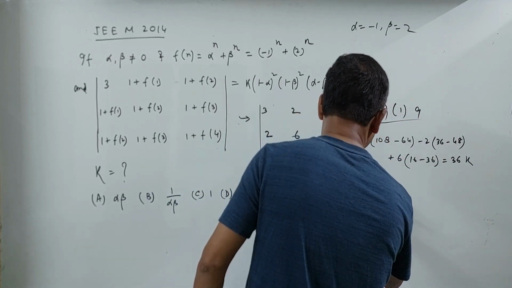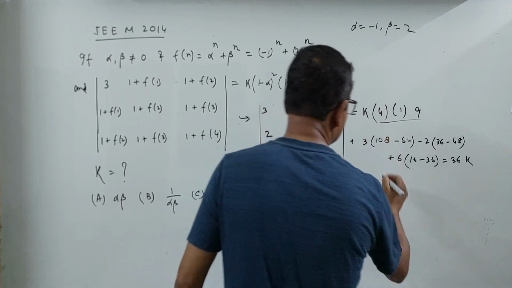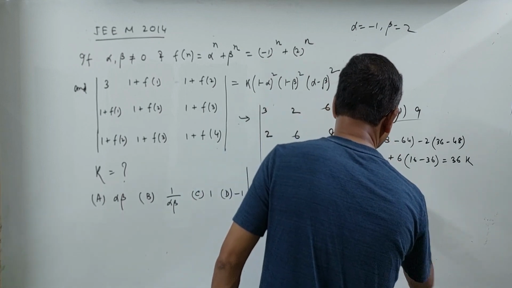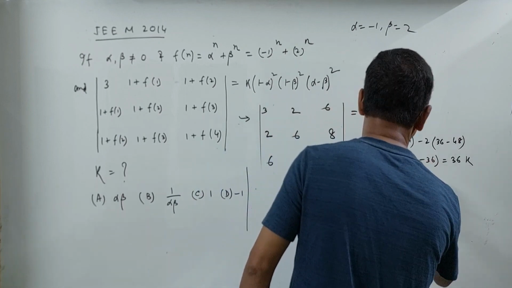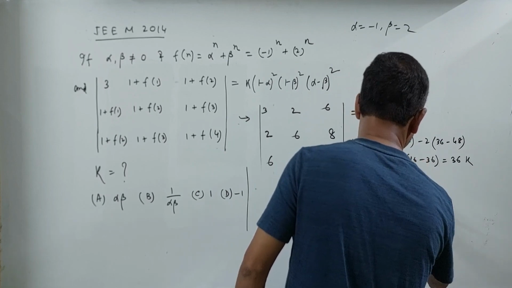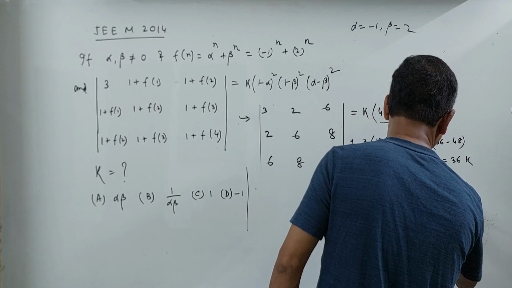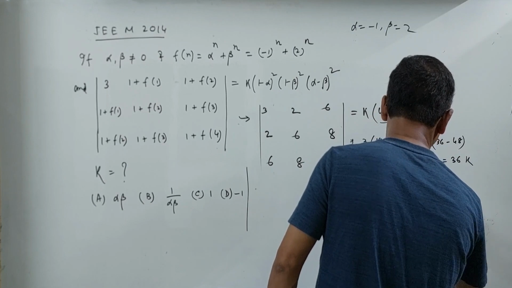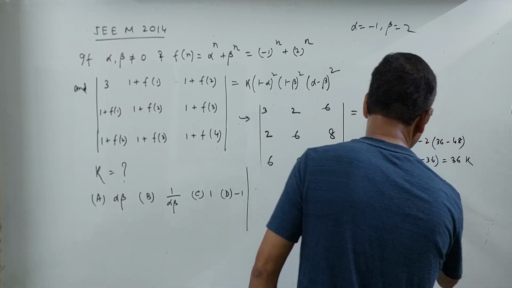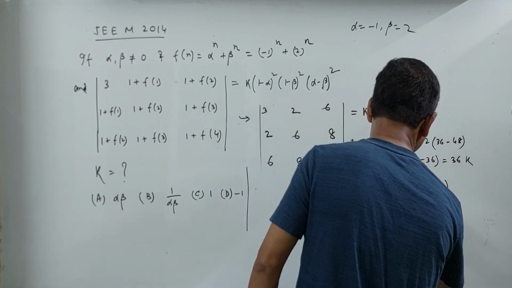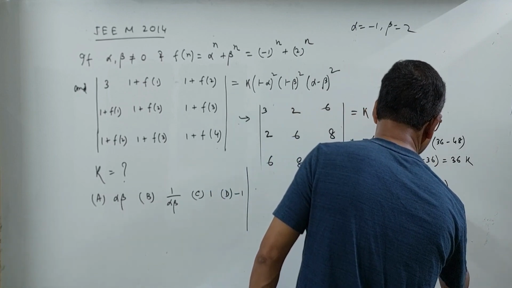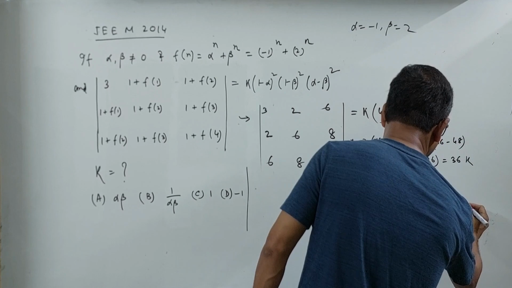Now 3 into 44, minus 2 into (36 minus 48), that is minus 12, plus 6 into (16 minus 36), that is minus 20, equal to 36k.